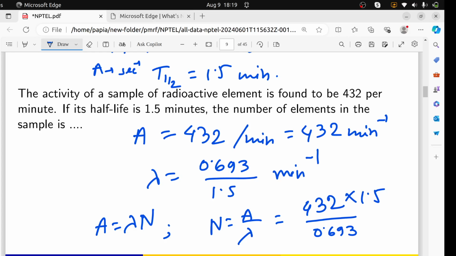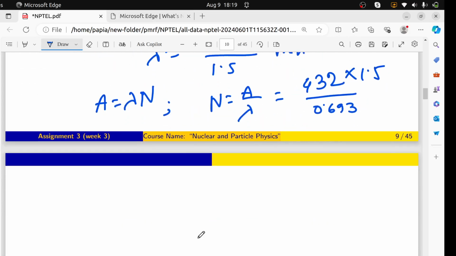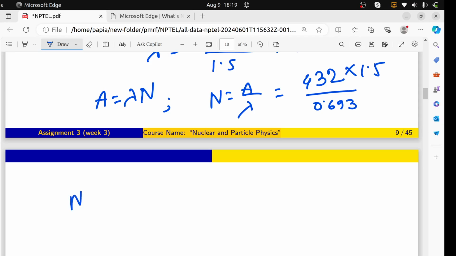If I calculate 432 into 1.5 divided by 0.693, this is coming as 935.06. But as I already told you, N is nothing but a number, so it will be an integer. So N will be 935.